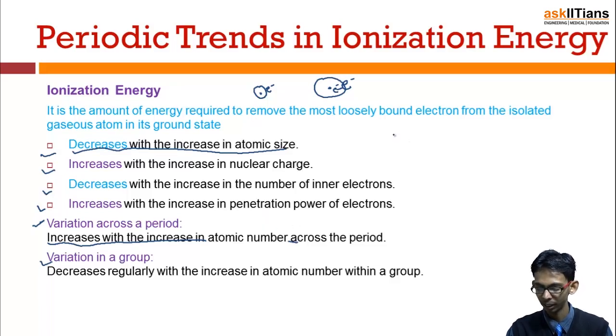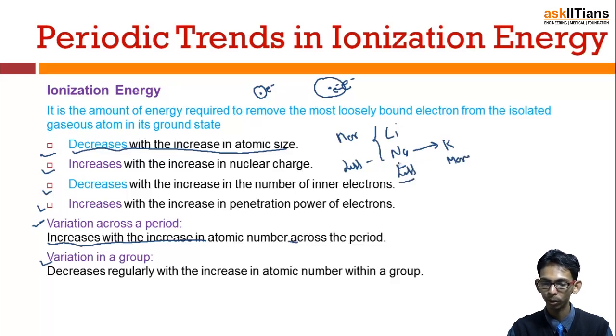That means the first ionization energy of lithium would be greater than that of sodium, and the ionization energy of sodium is less as compared to lithium. Why? Because it decreases down the group. Again, if this is potassium, in this case it would be even less.